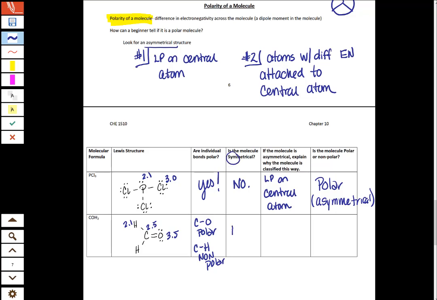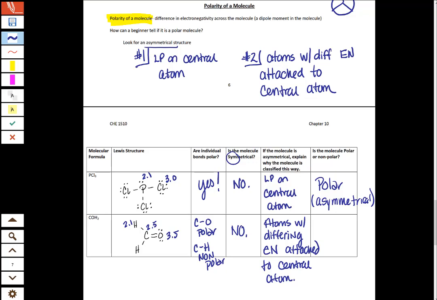And you say, no, because we have atoms with differing electronegativity values attached to the central atom.